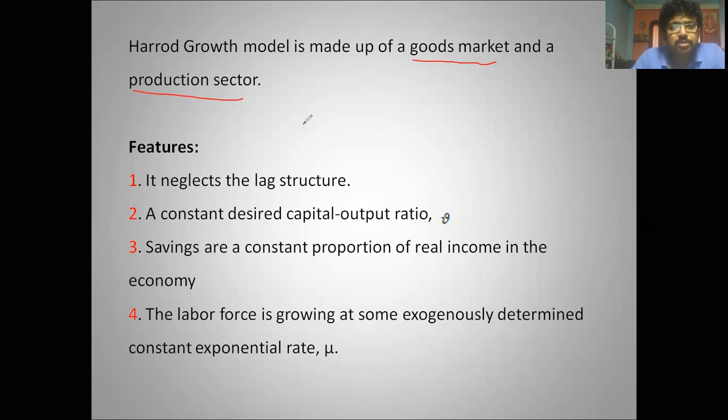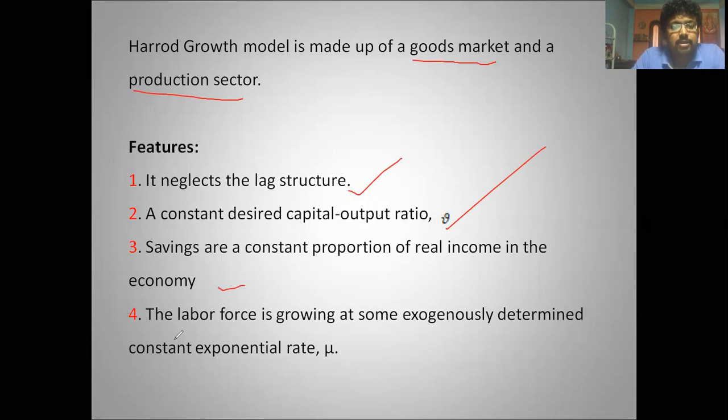What are the features? The features are mentioned here. The first feature is that it neglects the lag structure. Second feature, a constant desired capital output ratio. And third feature is savings are a constant proportion of real income in the economy.